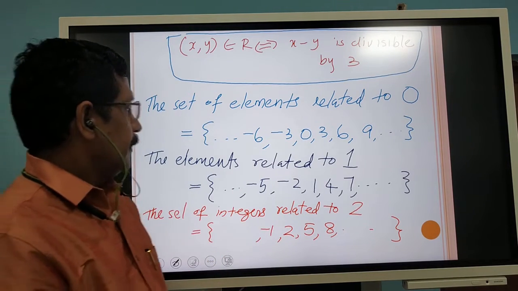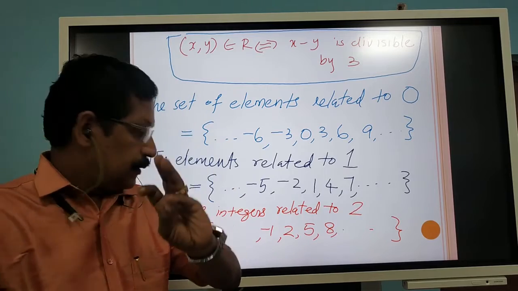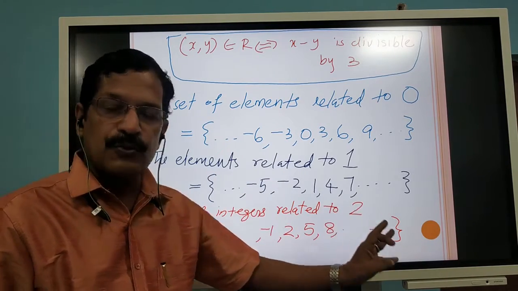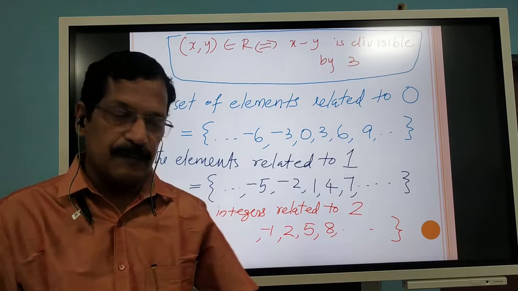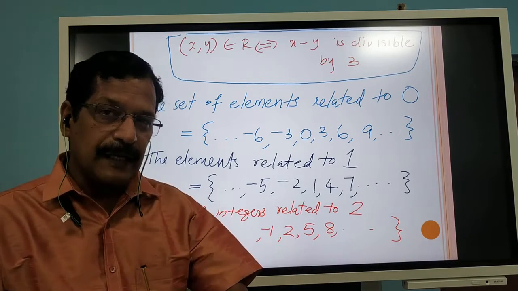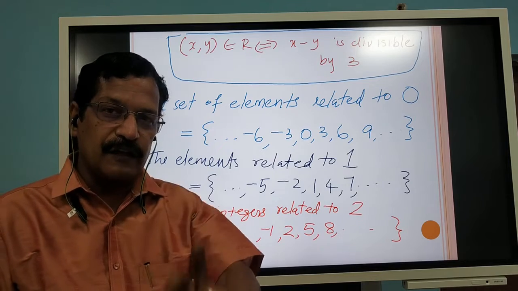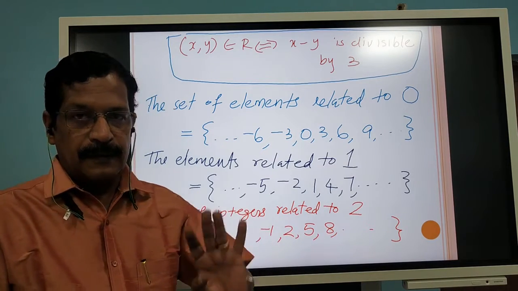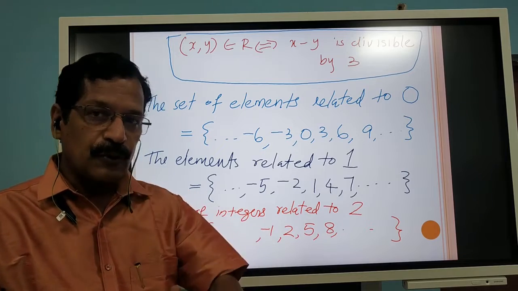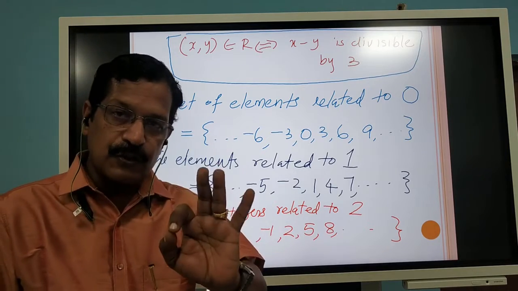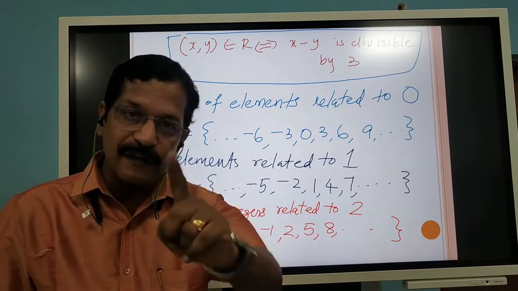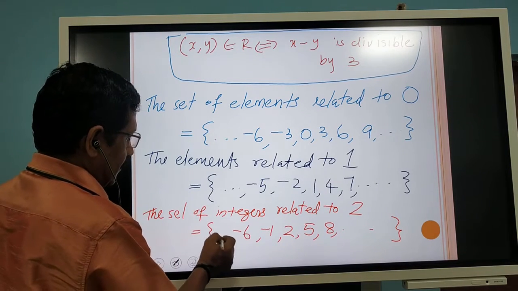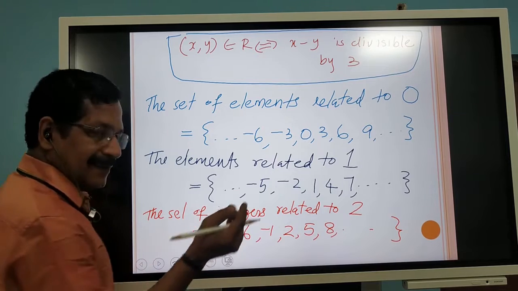Now, negative 2 minus 2 is negative 4, not divisible. Negative 3 minus 2 is negative 5, which is not divisible. Now, negative 4 minus 2 is negative 6, so it is divisible. So negative 6. I'm taking a little time.